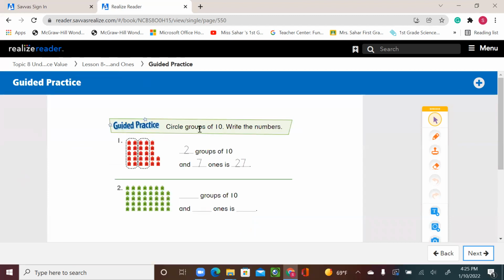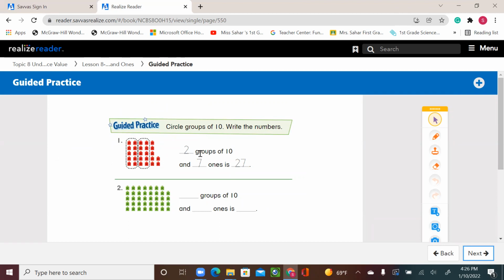Circle groups of 10, write the numbers. The first one is done for you. Count the first group. 2, 4, 6, 8, 10. That's a group of 10. Another 2, 4, 6, 8, 10. Another group of 10. And then the rest will be the leftovers, the ones. So I have 2 groups of 10s because I see completed groups with 10 counters.